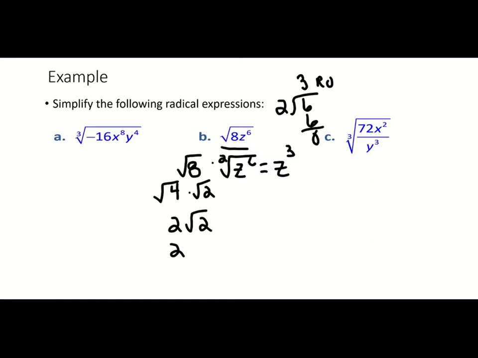Now, when I do write my answer to this, because we are assuming that we are dealing with real numbers and we always have positive answers, any variable, when you have an even index, so like 2 or 4, any variables that you get, you want to put absolute value signs around those variables when you pull stuff out. So I'm going to do 2z to the 3rd in absolute value symbols times the square root of 2.